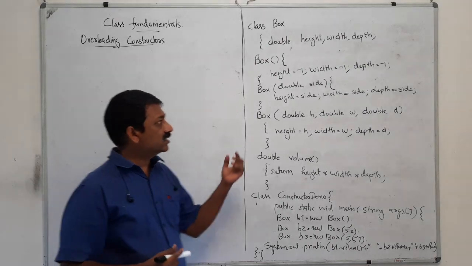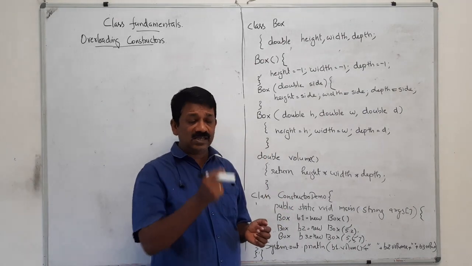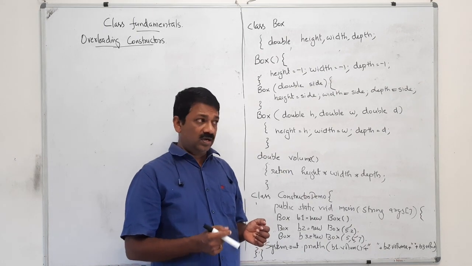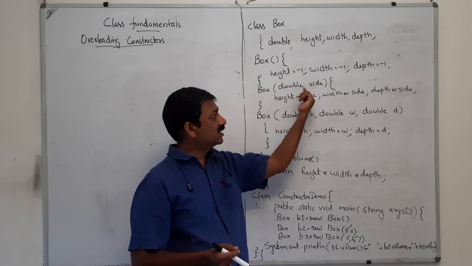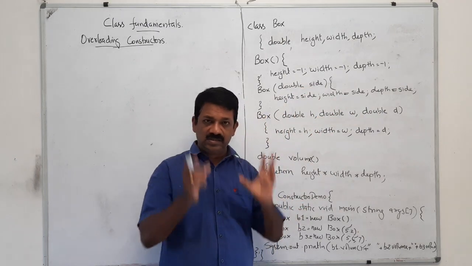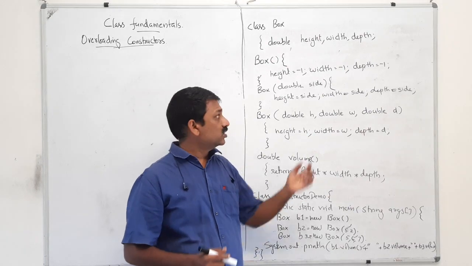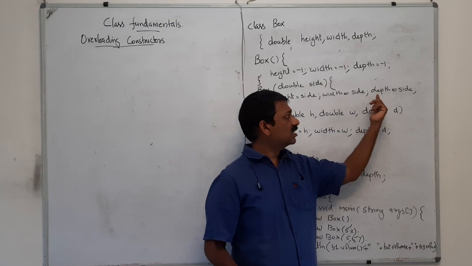So in that case, there is no need to pass all the parameters. Only the length of a single side has to be passed. We are passing a single side, and height, width and depth are the same length. So height is assigned side, width is assigned side, and depth is assigned side.